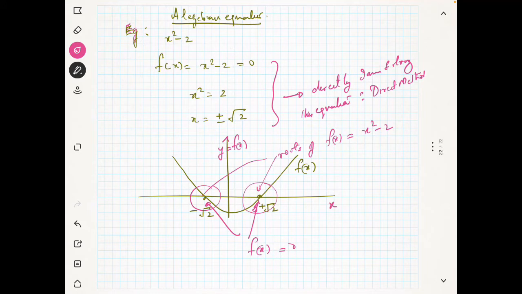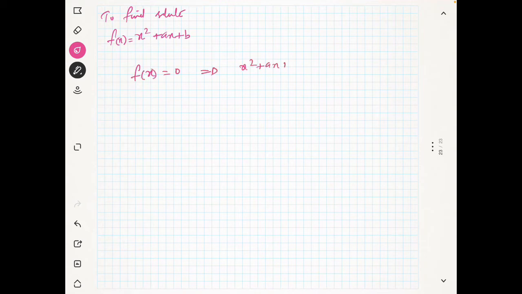You know how to find the solution of an equation. For example, x square plus ax plus b is your f of x. Then to find the solution, what is the value of x? Then you have to put f of x is equal to 0. That means x square plus ax plus b is equal to 0, such that a is not equal to 0 and b is not equal to 0.